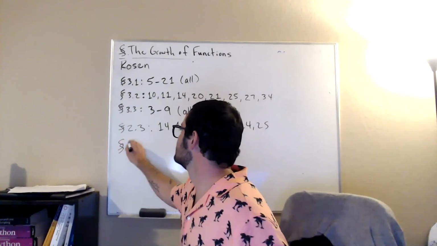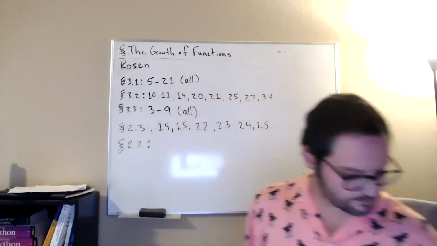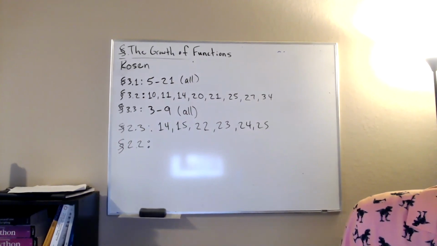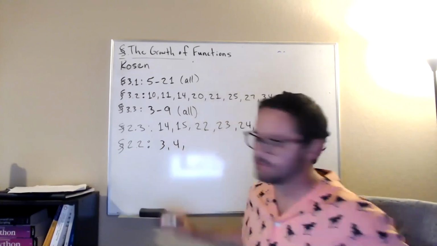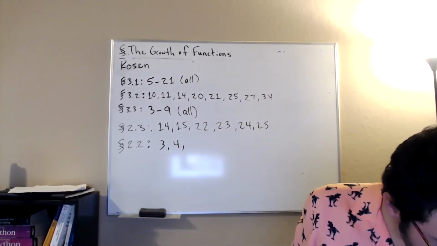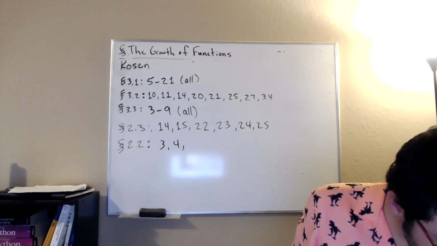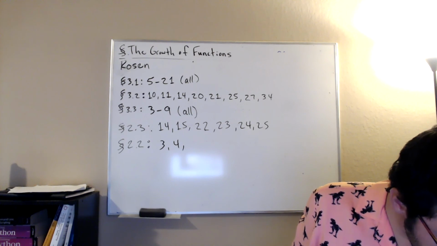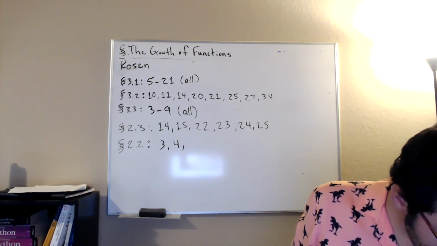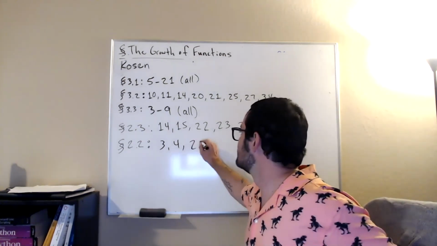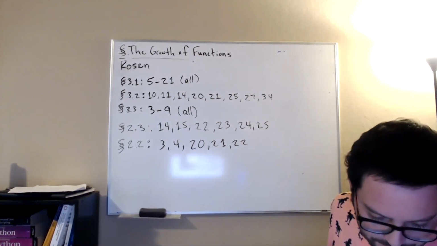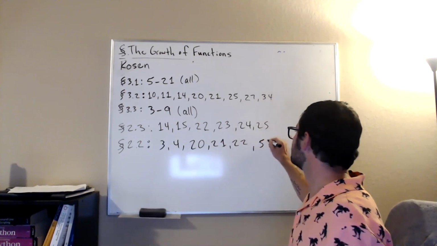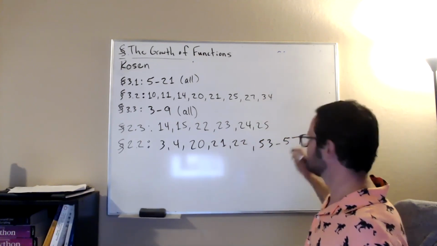And then section 2.2, 3, 4, 20, 21, 22. And then 53 through 57.